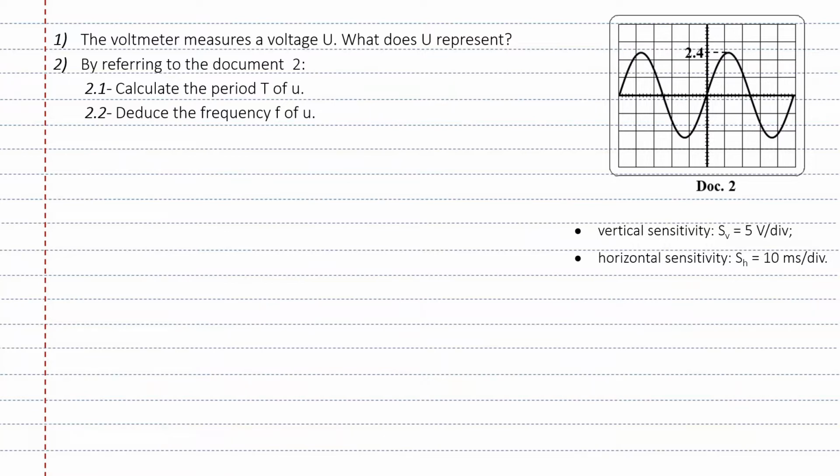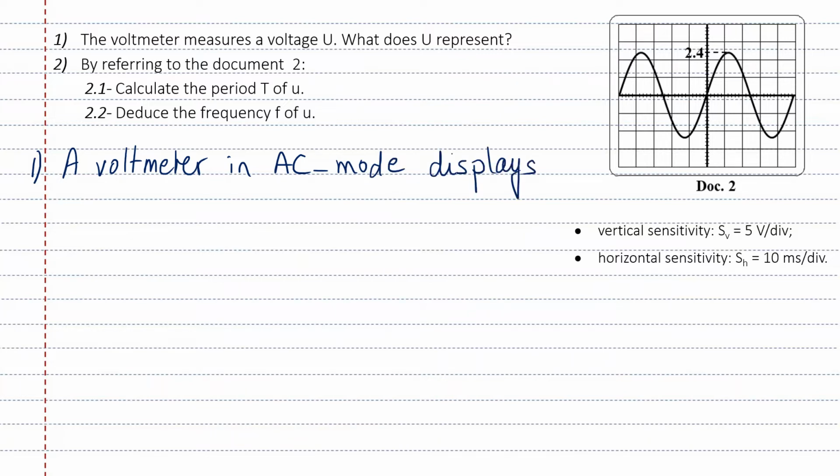Part 1, the voltmeter measures a voltage U. What does U represent? We know that a voltmeter in AC mode simply displays or reads or registers the effective value. The effective value.